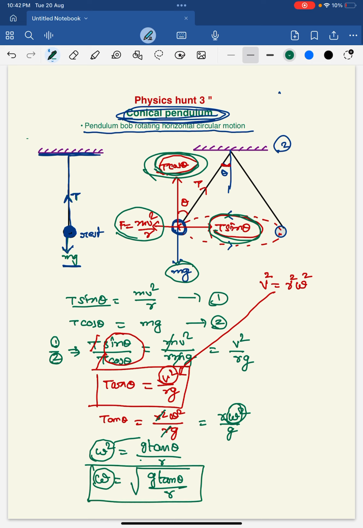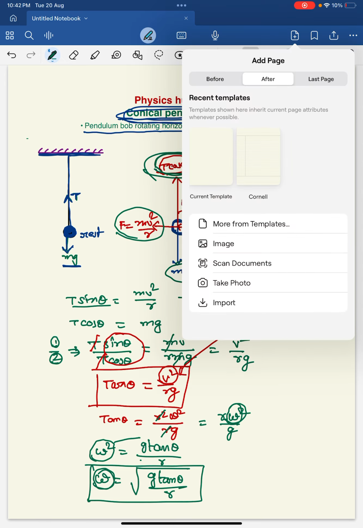Here omega is nothing but angular velocity. So finally we got omega equal to under root g tan theta by r.